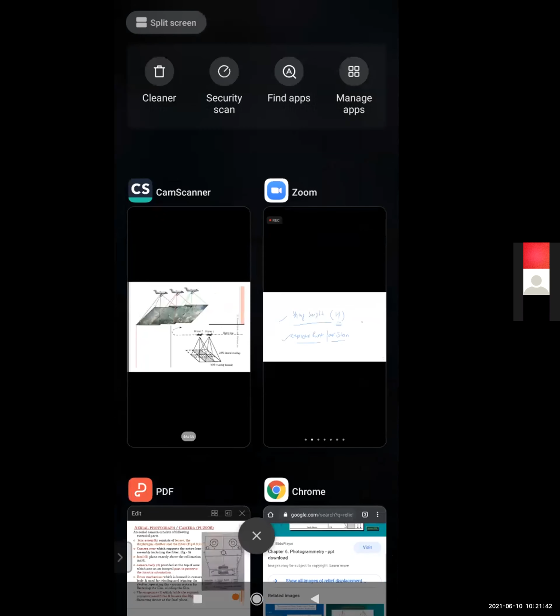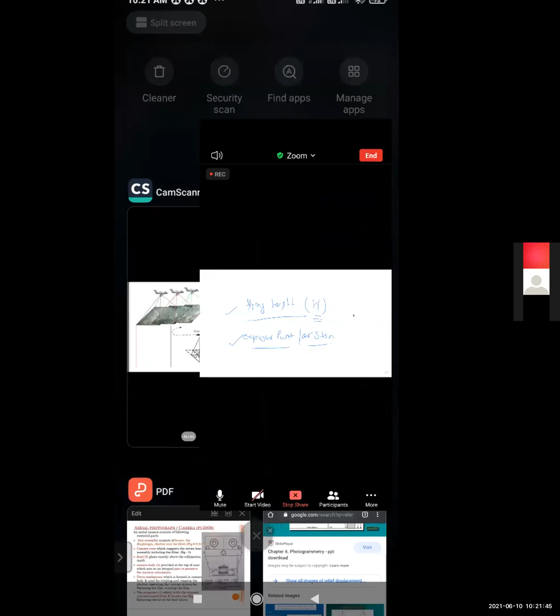So this type of image we can get from the RC cameras by the aerial photograph method. So now we can solve an objective question on photogrammetry.